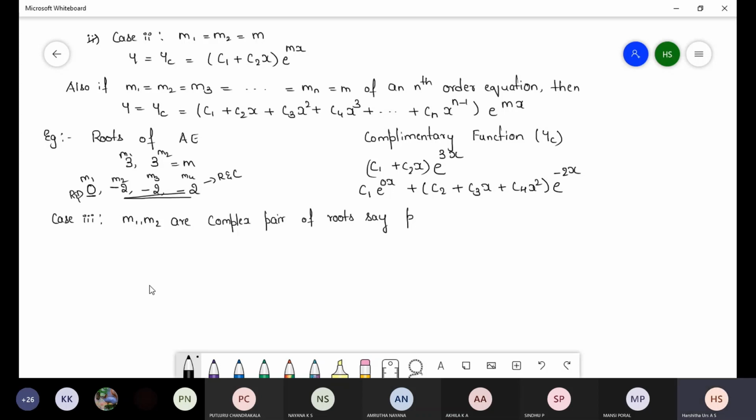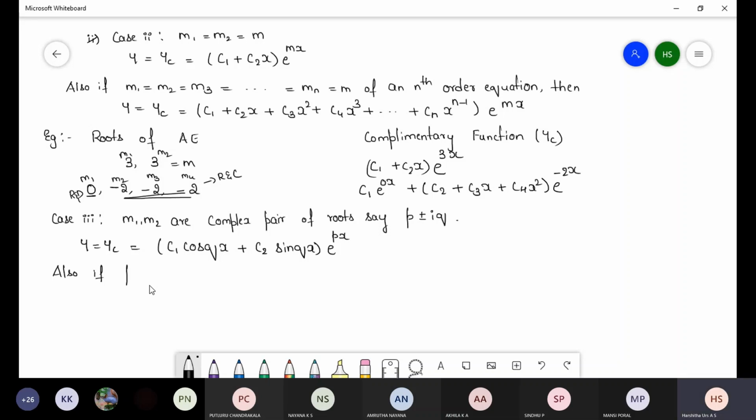So here p plus or minus iq. y is equal to yc. So here how do we write? C1 cos qx, that is imaginary, plus C2 sin qx, into e power px. This is for two roots.